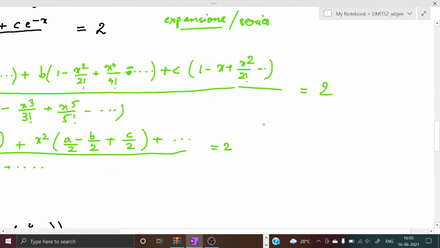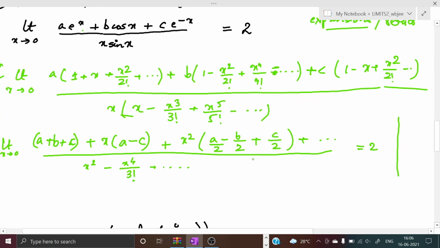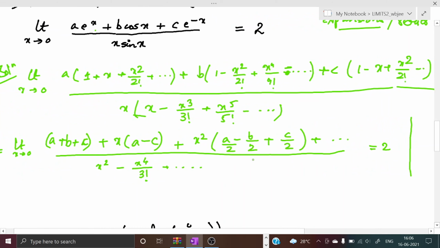It is not infinite or an infinite limit. So here, as x tends to 0, this is equals to 2. Now you see, if I divide the terms by x square, what is the lowest power of x?